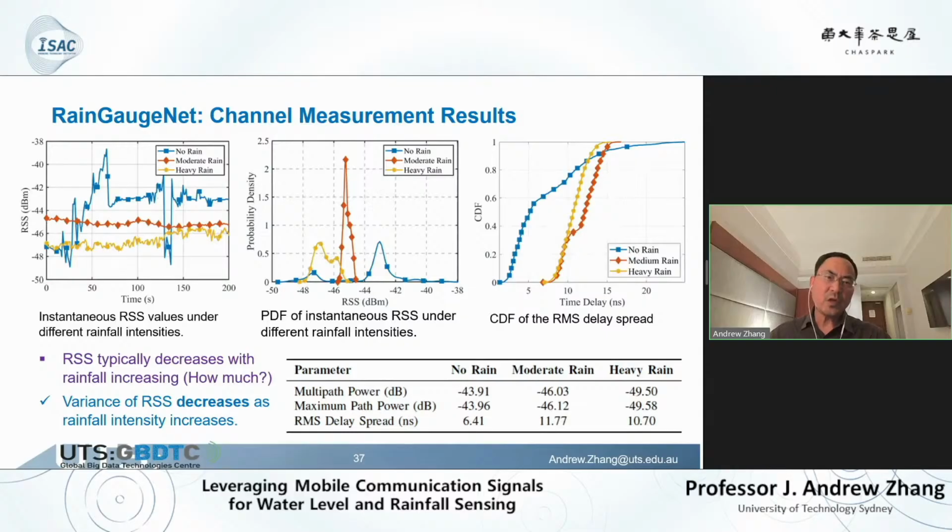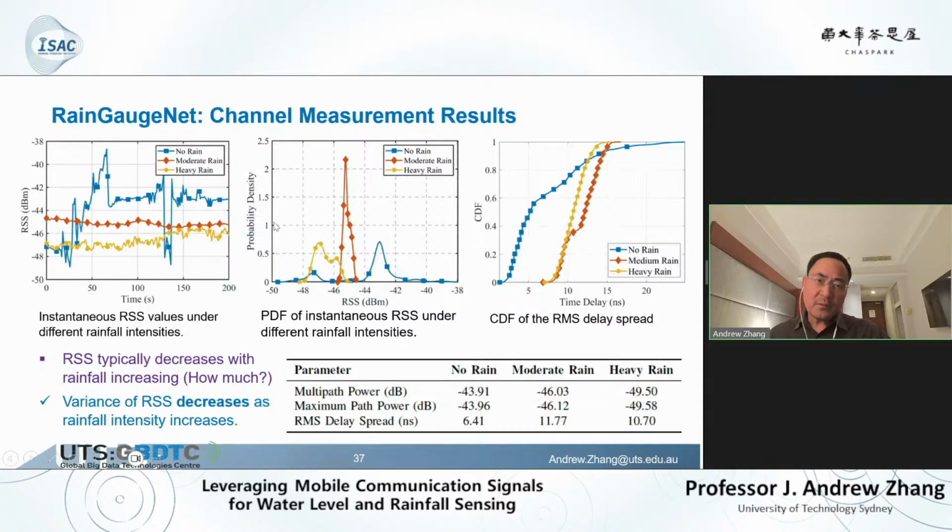So the blue curve is for no rain, red curve for moderate rain, and the yellow one is for the heavy rain. So the RSSI seems to show quite different boundaries. This is something we didn't observe in our experiments.